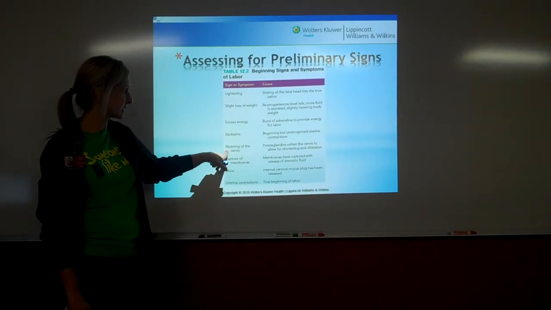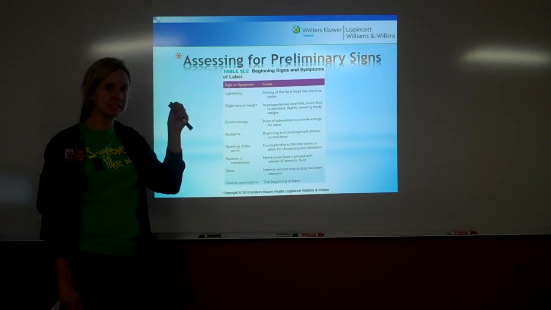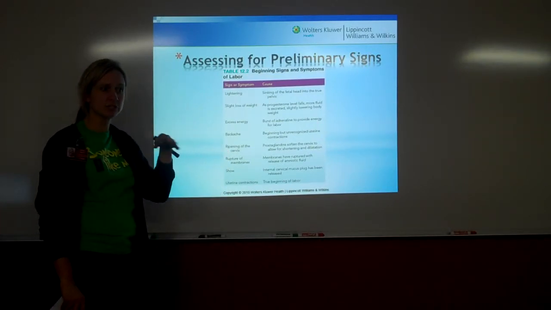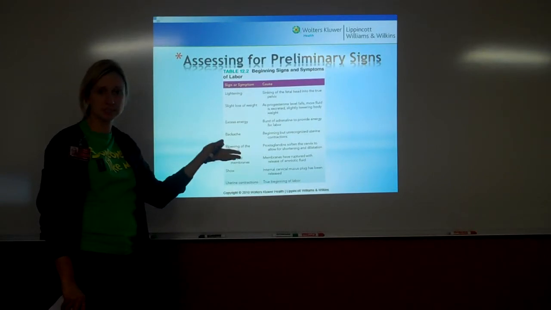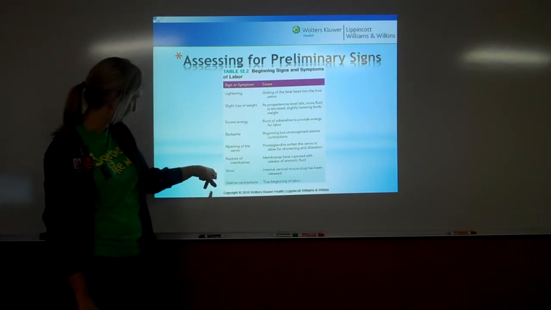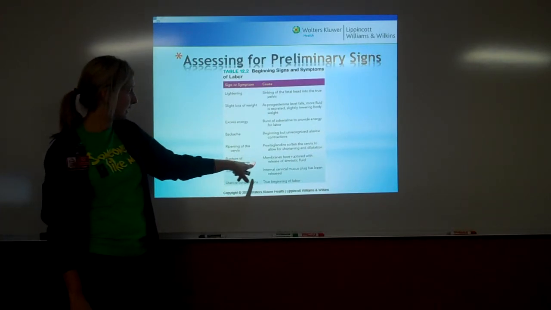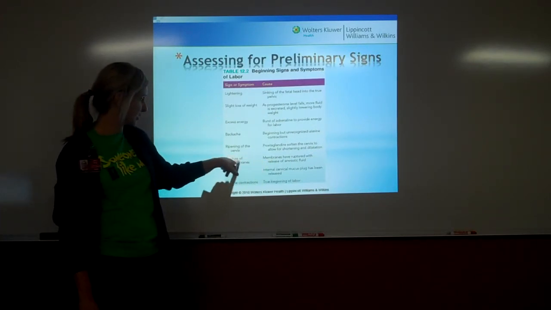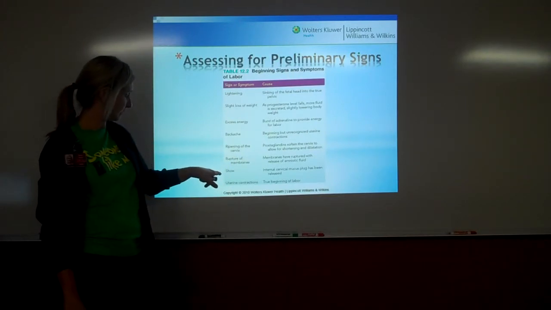Ripening of the cervix, and this is the shortening and the softening of the cervix. So your general lady out in public is not going to know this, but if you're actually checking a cervix, you may be able to feel this. Rupture of membranes, and this will actually send a woman to the hospital at the beginning of labor.